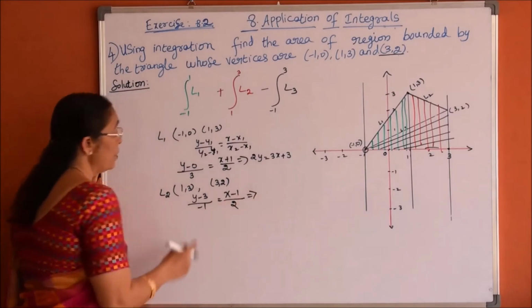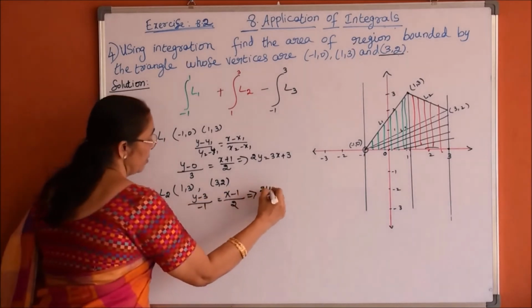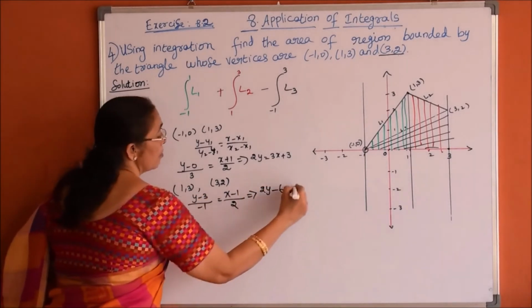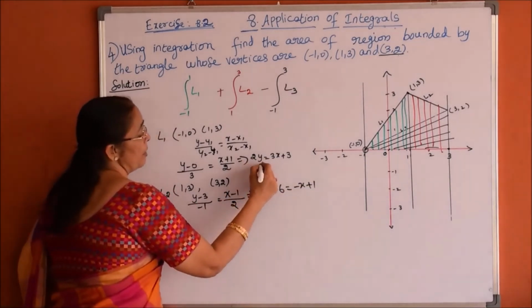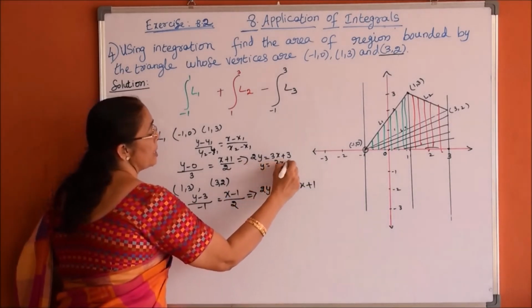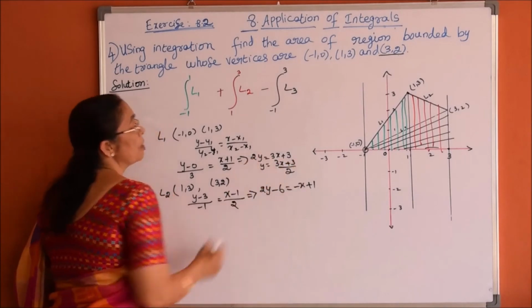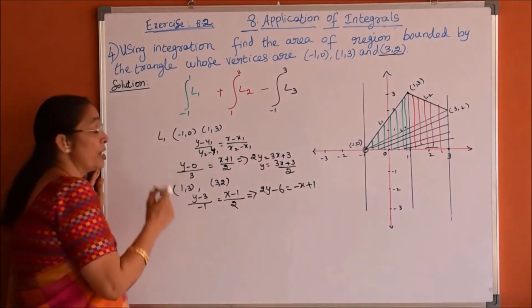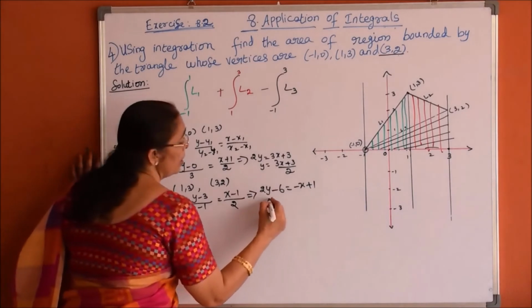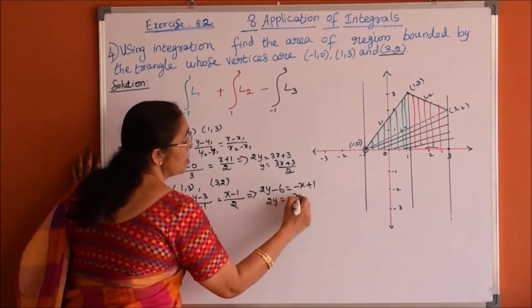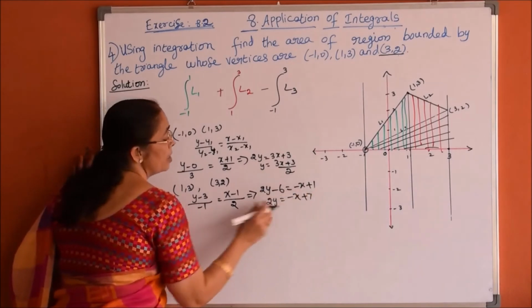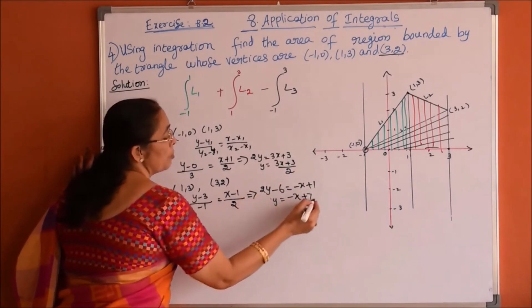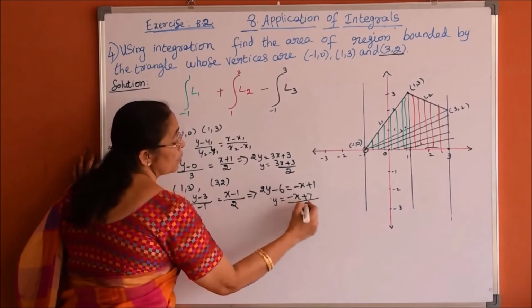So, this will give 2y minus 6 is equal to minus x plus 1. So, from the first equation our y is nothing but 3x plus 3 divided by 2, because we need it in the form of y is equal to f of x. Similarly, here 2y is equal to minus x plus 1 plus 6, plus 7. Therefore, y is equal to minus x plus 7 by 2.